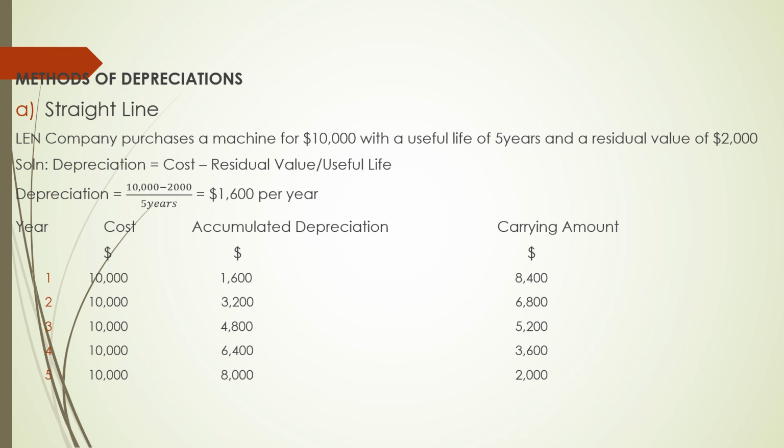So in this instance, our depreciation will be 10,000 minus 2,000 over 5 years, giving us an annual depreciation of $1,600 per year. So we have 5 years, from year 1 to year 5. And watch something: the cost recorded here is fixed throughout the years.